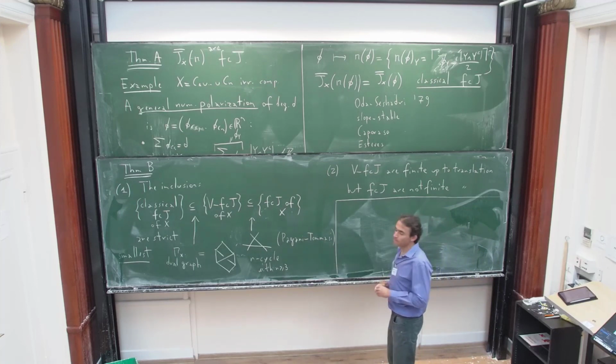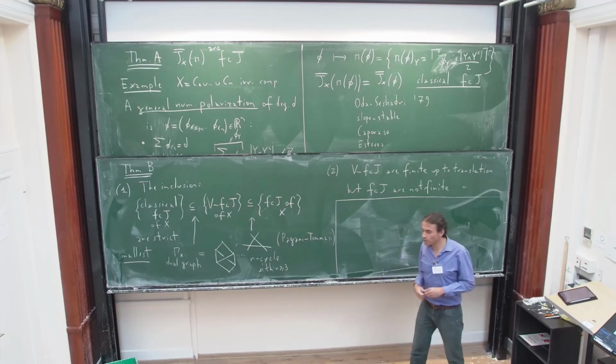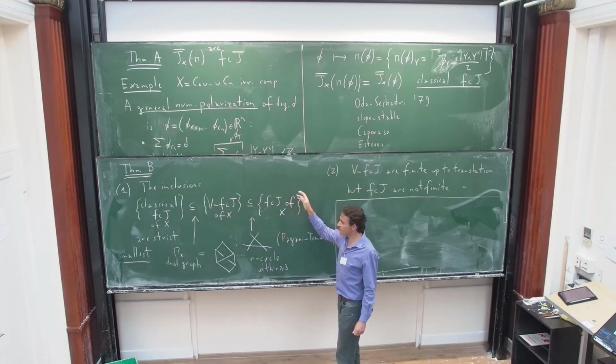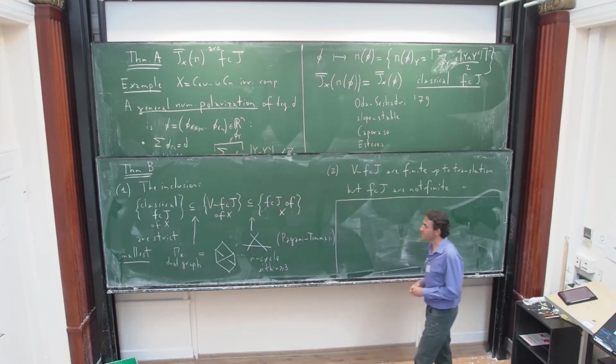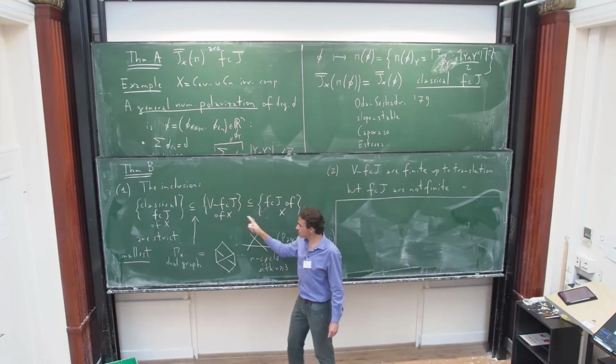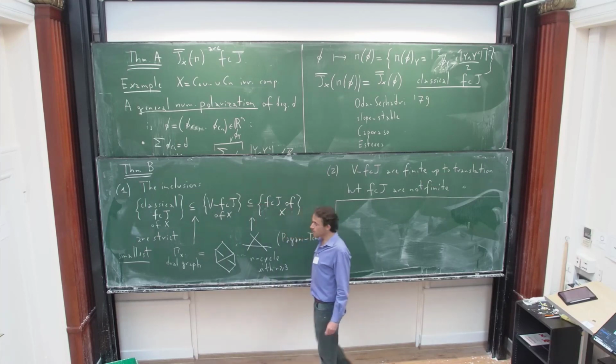For 2 components, they're all the same. Yes, for 2 components, exactly. For 2 components, we have described all of them, and they are all classical types. Starting from 3, this is strict, and here you need at least 6 components.